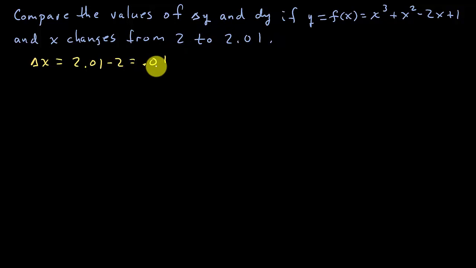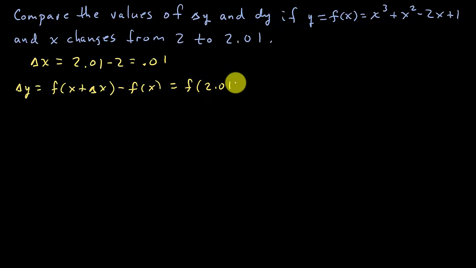Let's go ahead and calculate delta y first. Remember, delta y is f of x plus delta x minus f of x. So this is going to be f of 2.01.